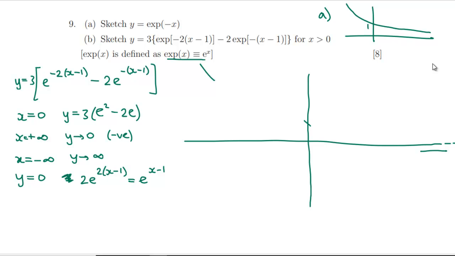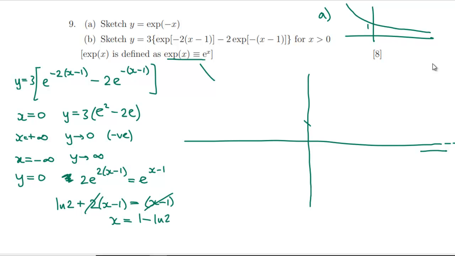Okay, so we can log both sides, say log 2 plus 2 lots of x minus 1 is equal to x minus 1. So we've got that, well, that will cancel with that. So we've got x is equal to 1 minus log 2.